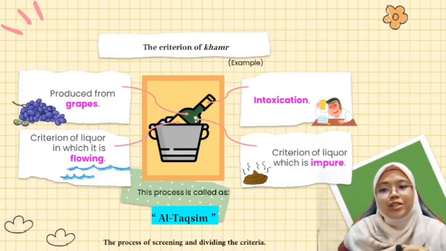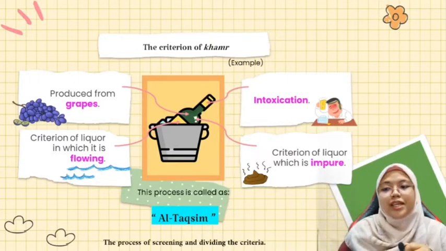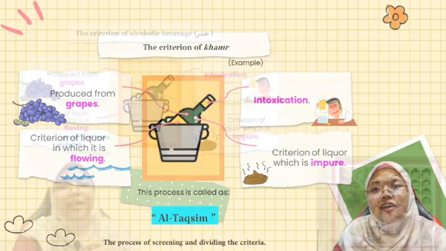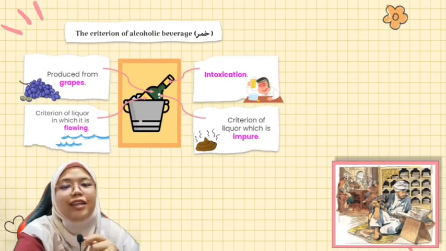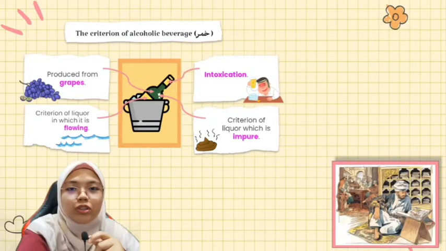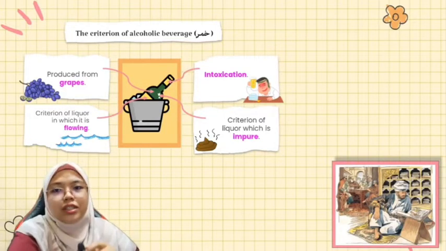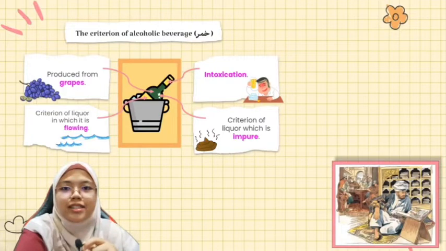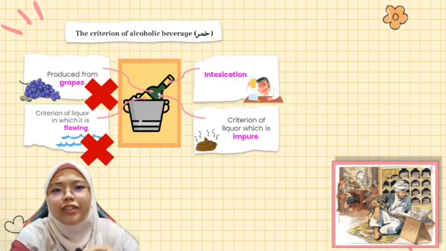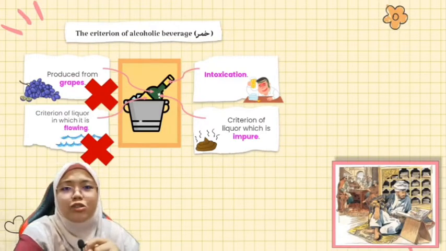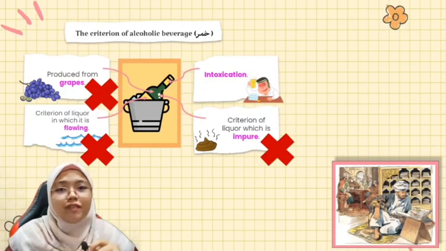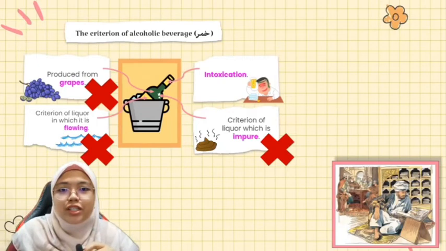This process is called TAQSIM, which is the process of screening and dividing the criteria. After the mujtahid has screened and listed down the criteria that can be the reason for the prohibition, the mujtahid will inspect and analyze the criteria again, striking out any criteria that appear unsuited for the illah, and leaving only one reasonable condition to be identified as the illah for the hukum.